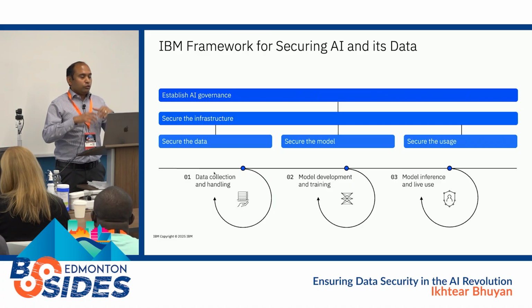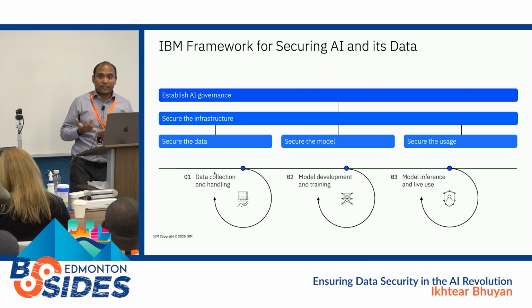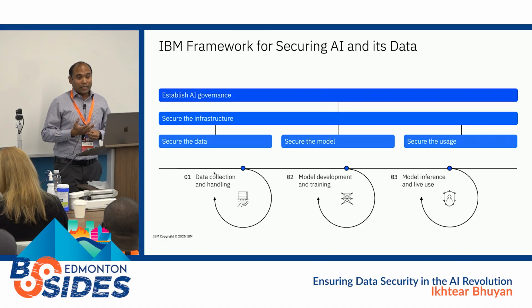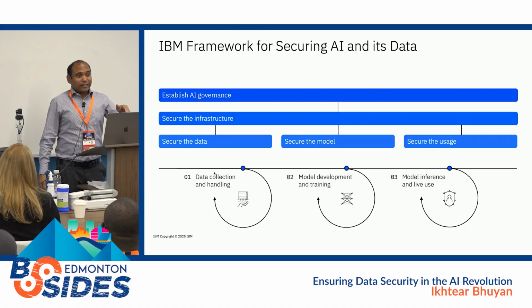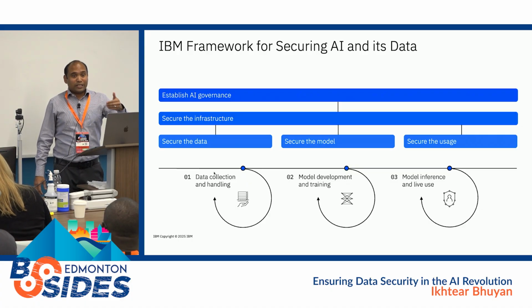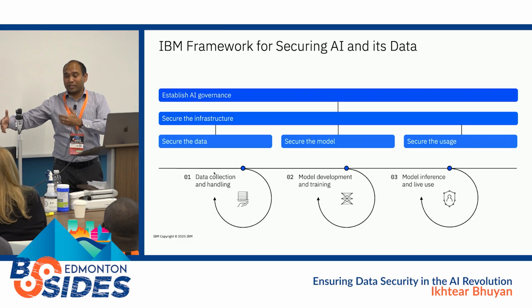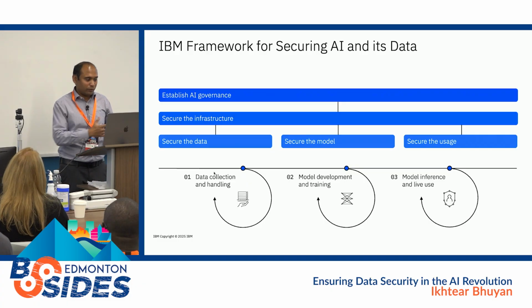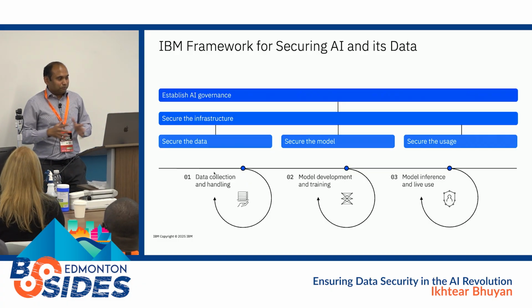On top of it, you need to put a governance layer. Who is accessing, and what kind of policy am I going to provide to my employees? Because when it comes to the AI pipeline, I'm giving access to my data to the developer, and to the data scientist. There are multiple stakeholders that we never dealt with before, because previously the application developer developed an application, and that was it.